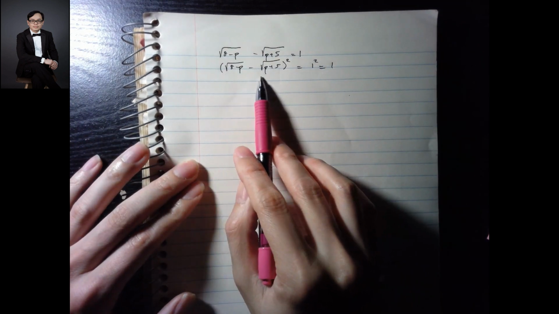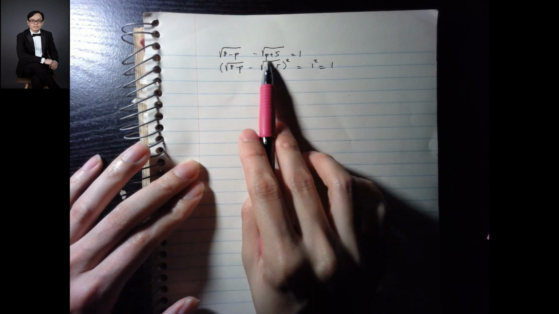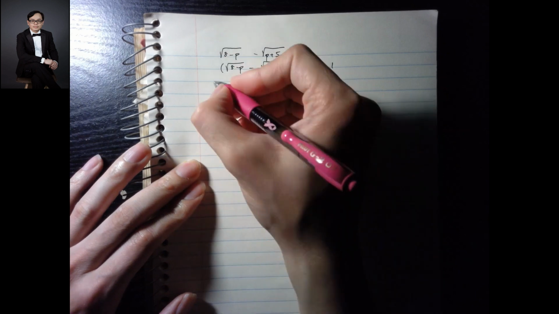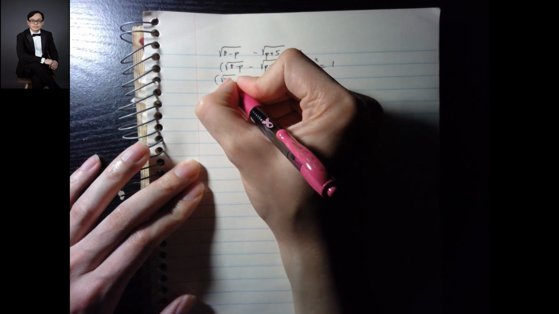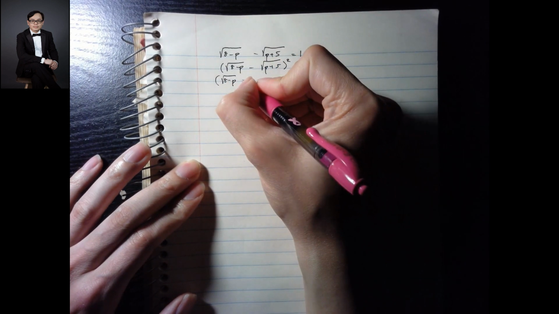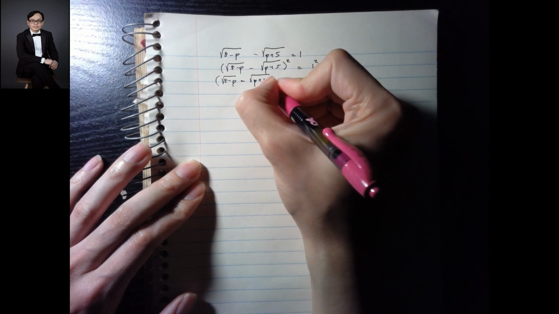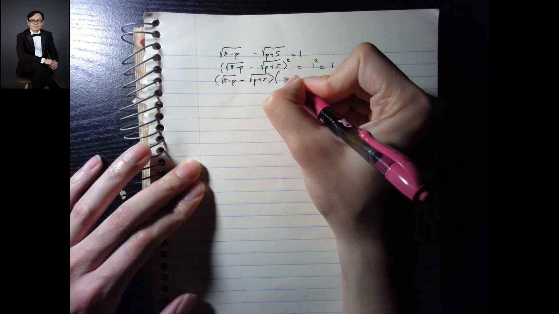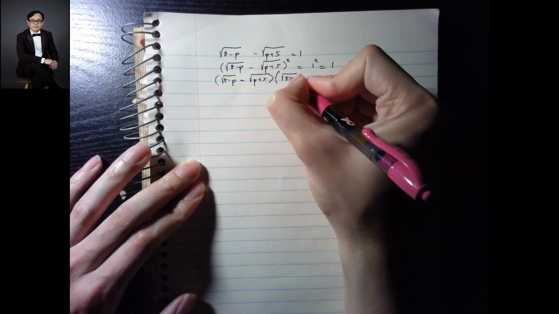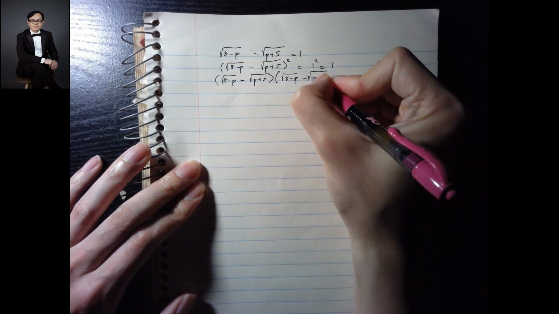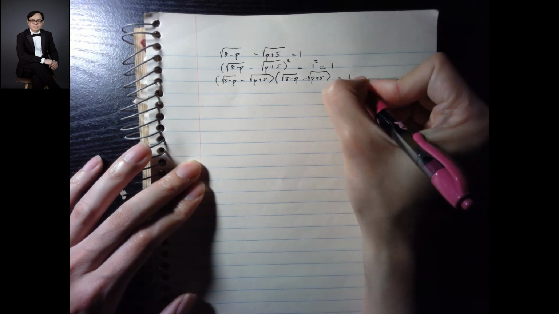Okay, so this part right here, I have to expand. So what does this become? It becomes the square root of 8 minus p minus the square root of p plus 5, times the square root of 8 minus p minus the square root of p plus 5, equals 1.